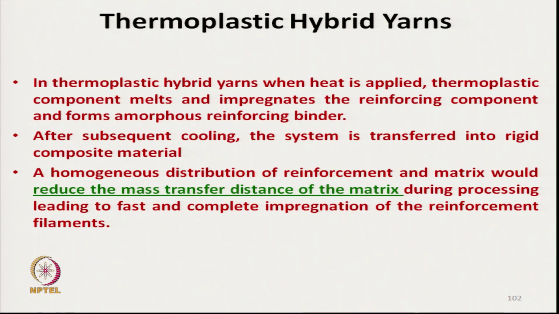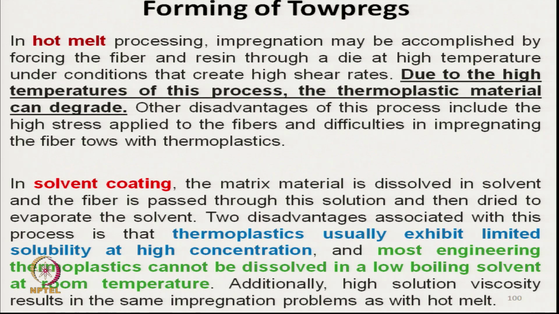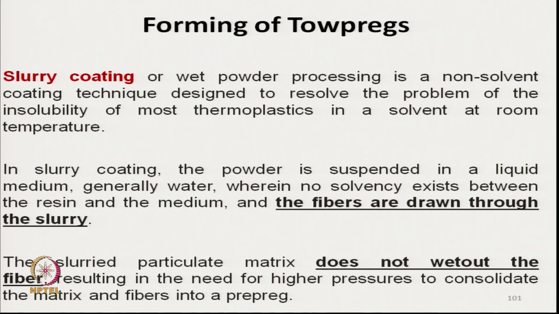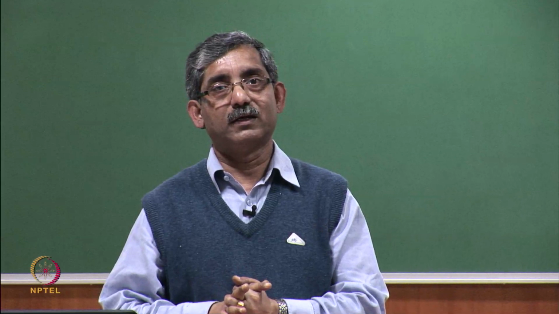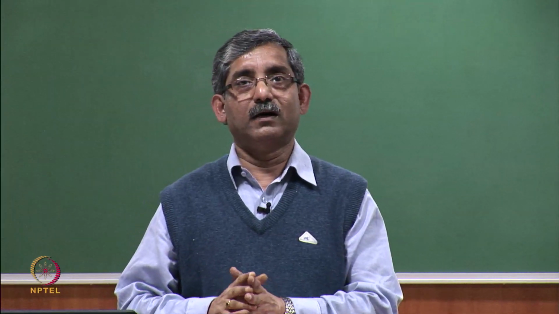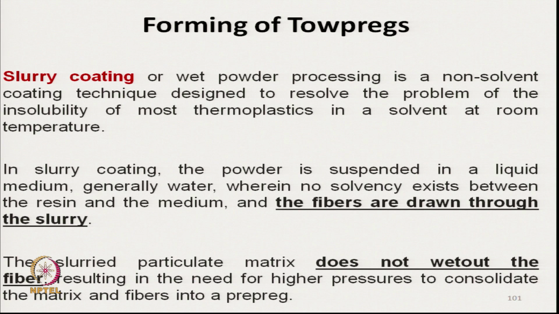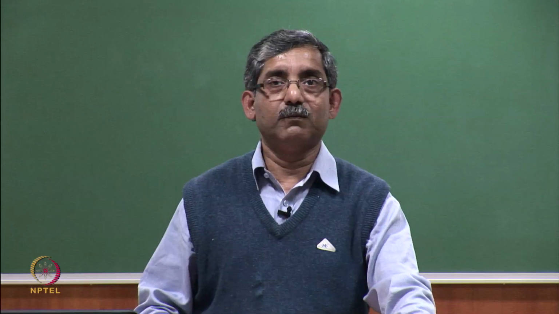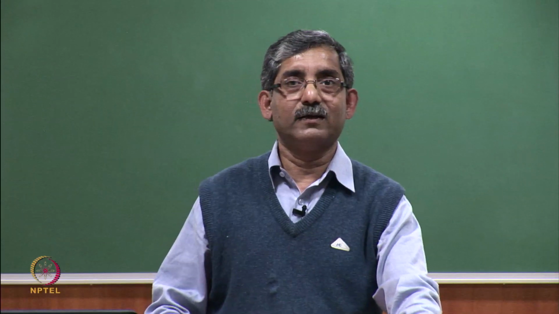But all these three processes which we discussed, hot melt, solvent coating and slurry coating, are not that popular because sometimes they may degrade the polymer, or they are not environment friendly.